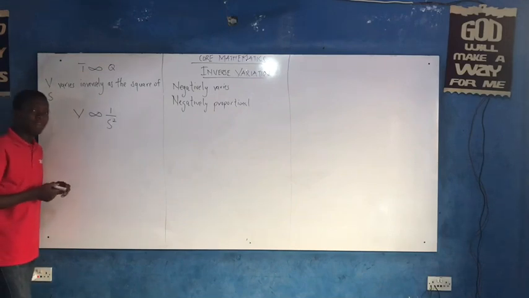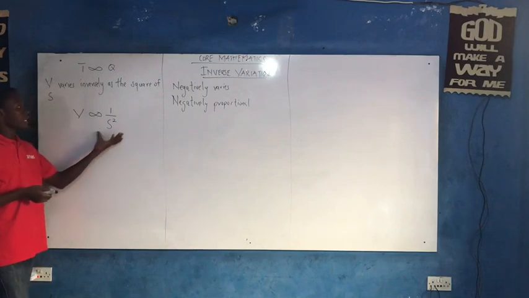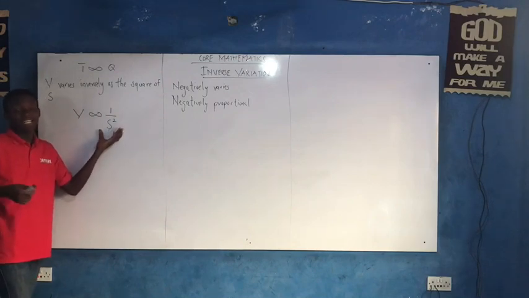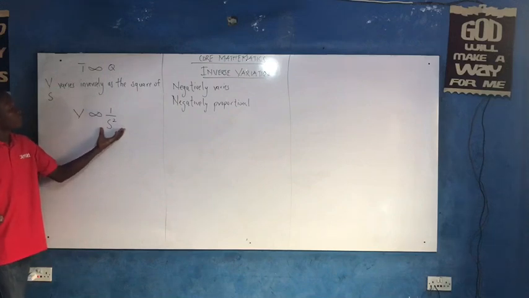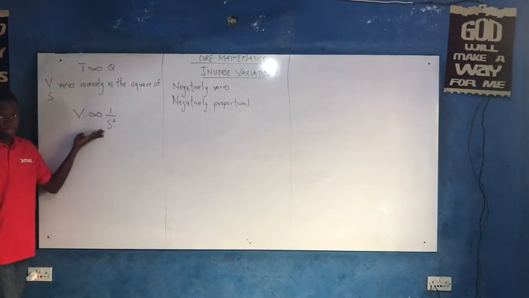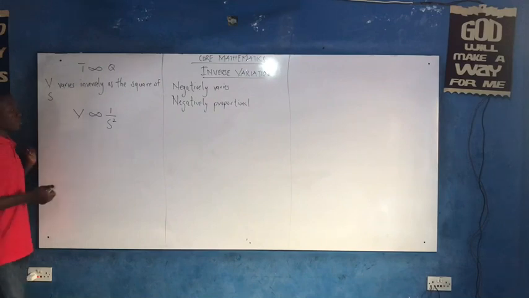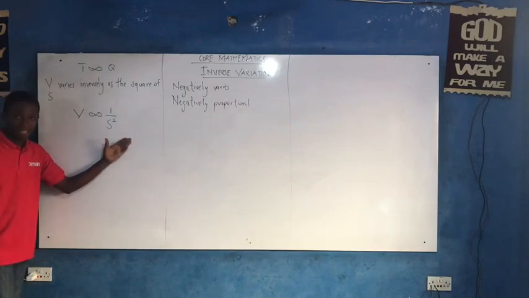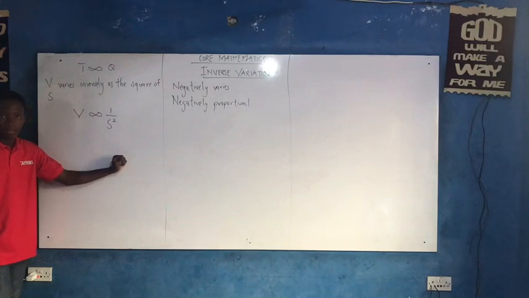Now, in inverse variation, we use a fraction to represent the inverse form of whatever we are talking about. So if you have a statement in inverse variation, we have a fraction form which is 1 over any quantity we are talking about.